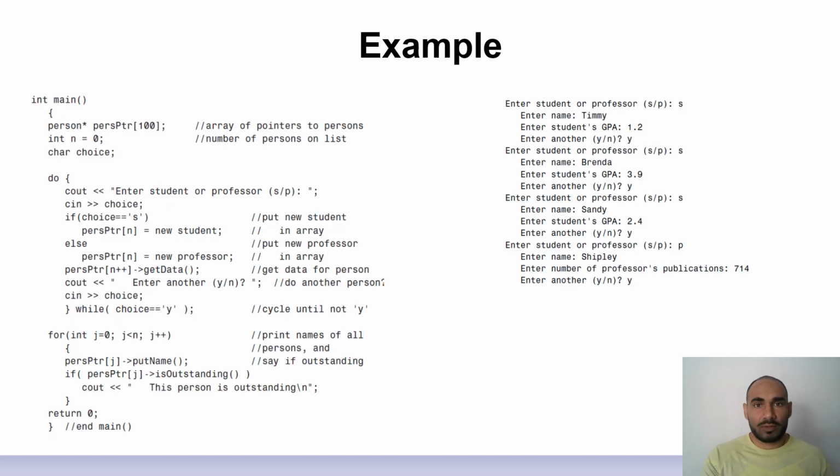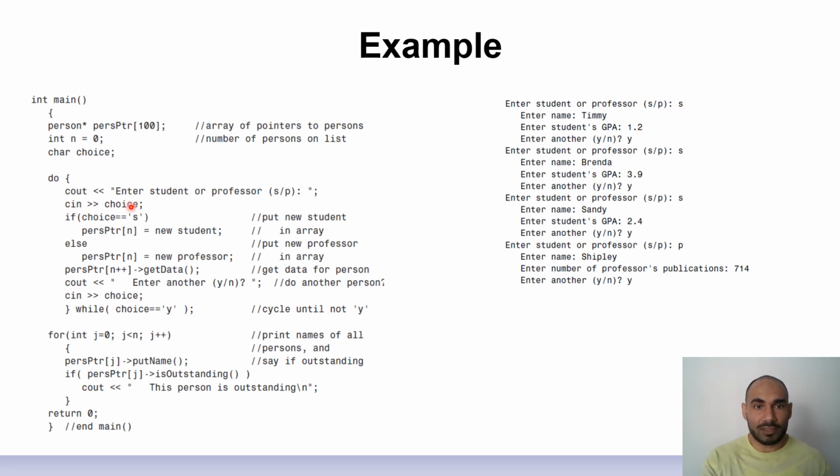Inside the main function we can create an array of pointers. This is an array of pointers of class person. Person is the base class, if you remember. Then we set up a for loop and ask the user to enter student or professor, S for student, and then enter the name.